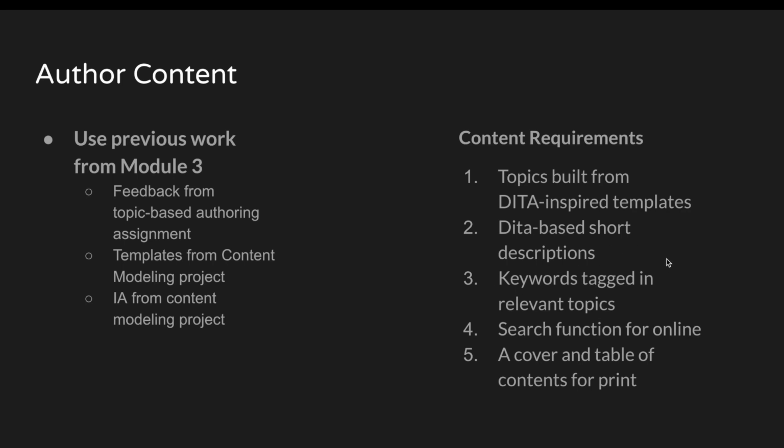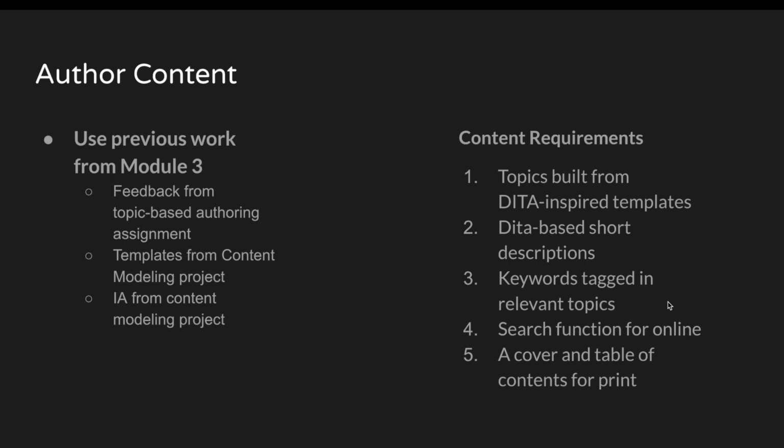Number 3, keywords tagged and relevant topics. Again, I'll show you how to tag keywords. Keywords are ways for machines to index your content and for the content to be more easily findable and indexable, which was one of the tech company's requirements. Number 4, search function for online. That's not something you'll actually build.